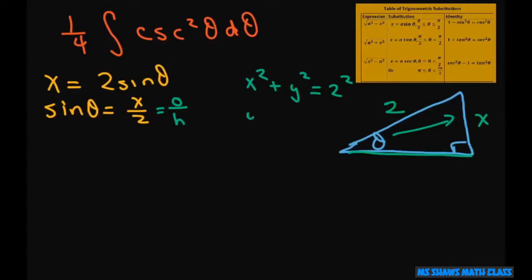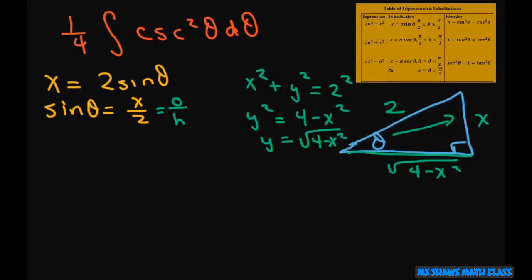So basically you get y squared equals 4 minus x squared. We want positive, so y, or this length, is going to be the square root of 4 minus x squared, which was what was in our original problem.